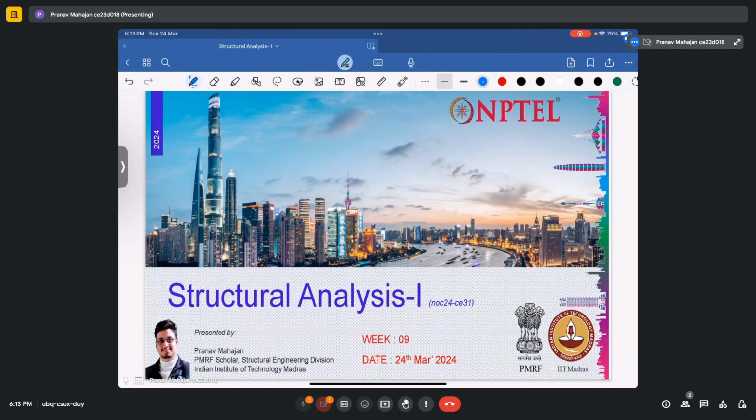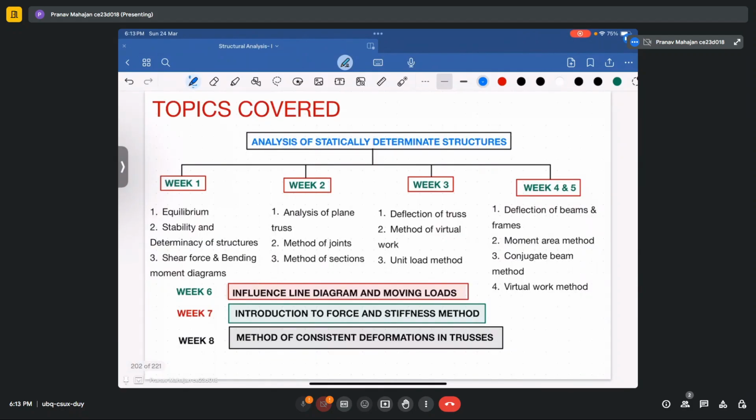So, till now, what we have covered. Previously, we have started with the analysis of determinate structure. From week 1 to week 5, we have solved the problems related to statically determinate structures. Then we have seen the problems related to influence line diagram, wherein moving load when moves over the structure, how it will affect.